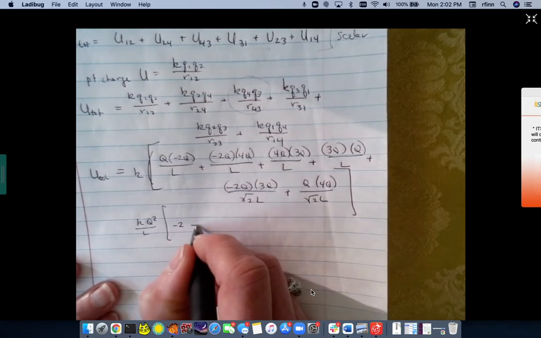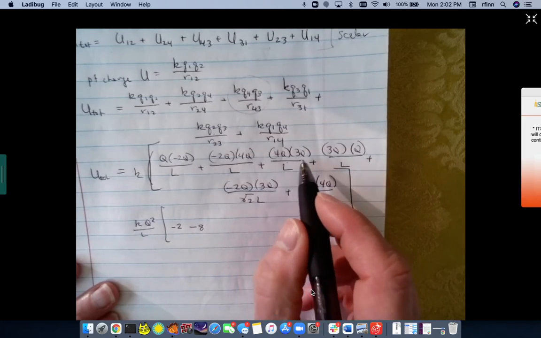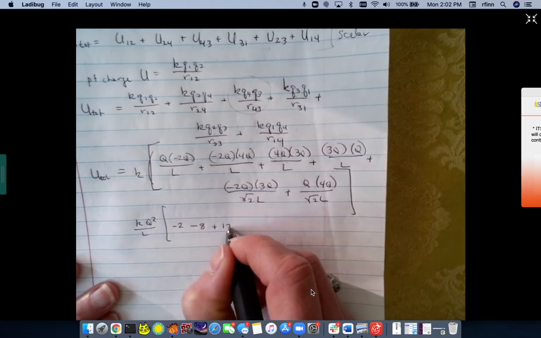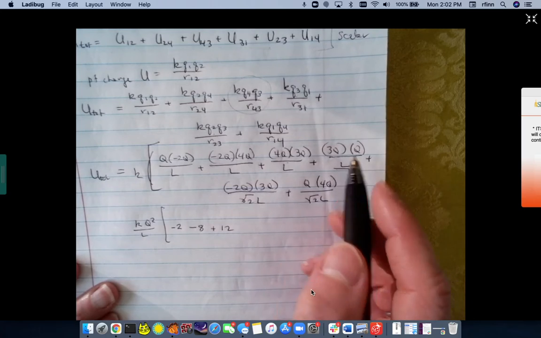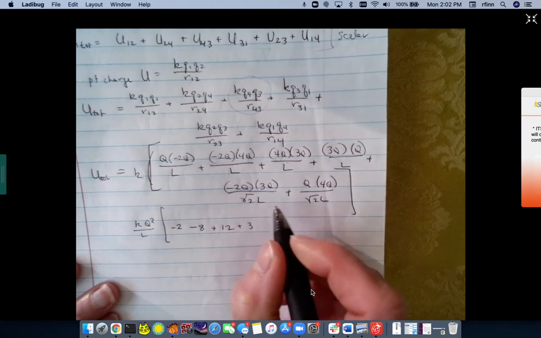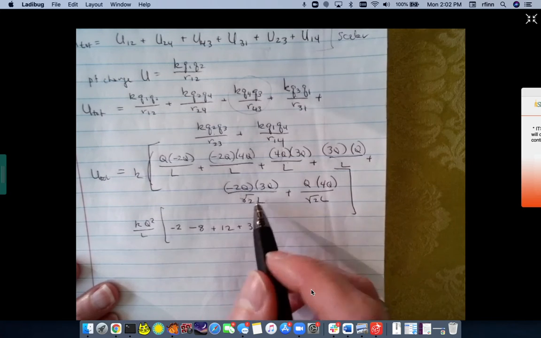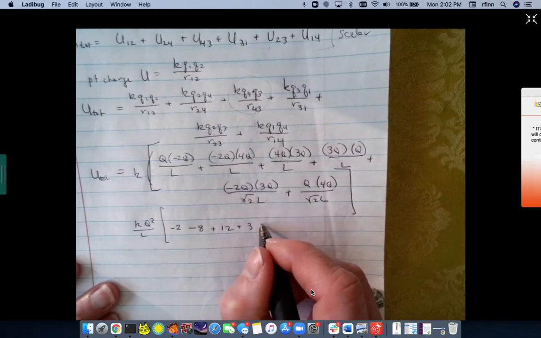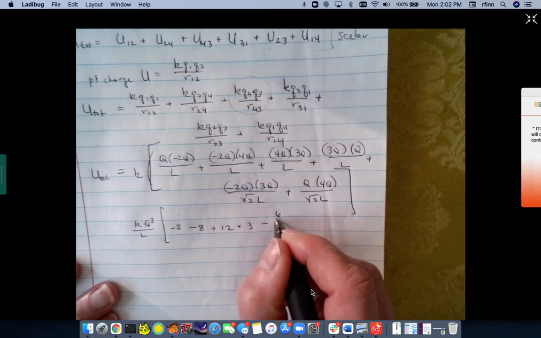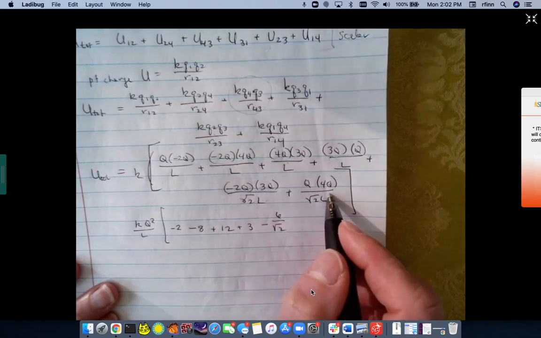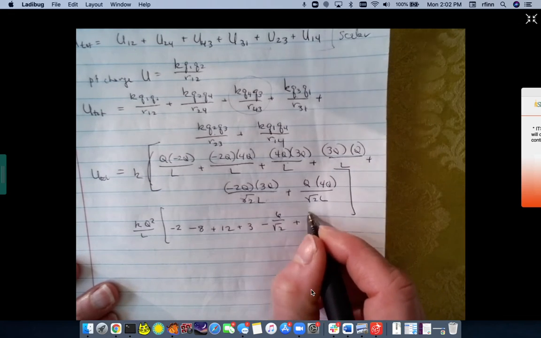The second term gives us a -8. The third term gives us a +12. The fourth term, it just got a 3. Okay, and then down to here, we get a 2 times a 3 divided by the square root of 2, and that's a negative, right? So -6 over the square root of 2. And then here we have 4 over the square root of 2.